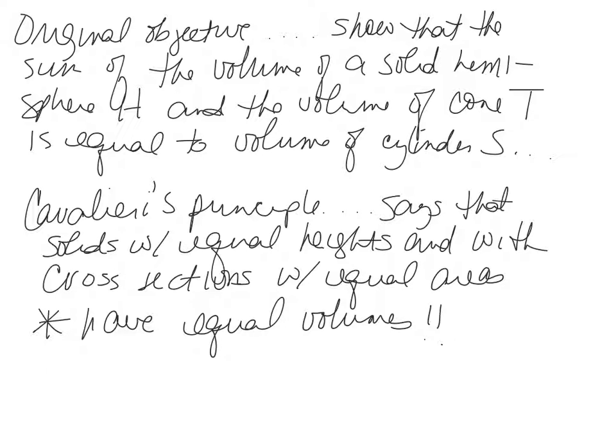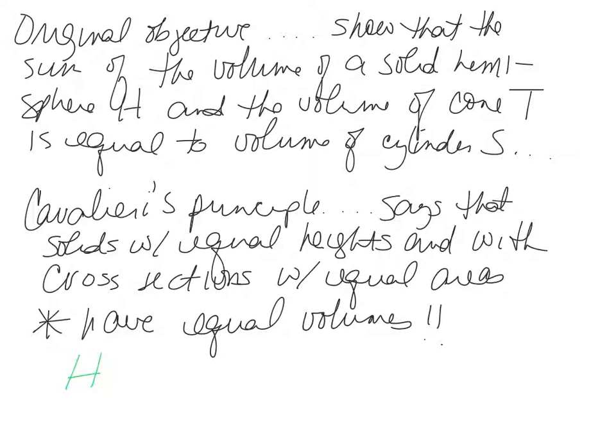Okay? Every plane parallel to the base intersects the hemisphere and the cone and the cylinder in cross sections of equal area. Right? So Cavalieri's principle says that if every plane parallel to the two planes intersects both solids in cross-sections of equal area, then the volumes of the two solids are equal. So let's put it in our funny notation.